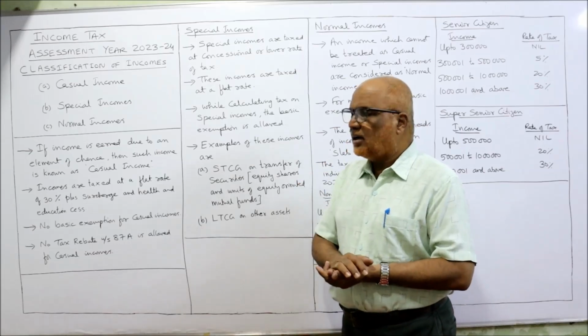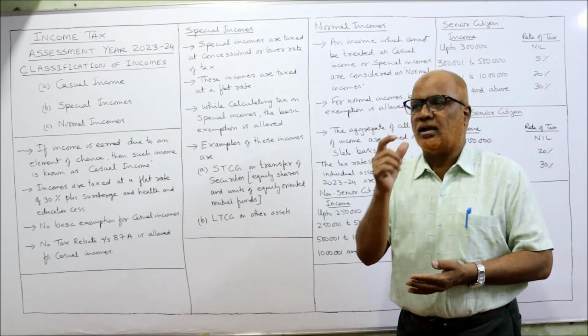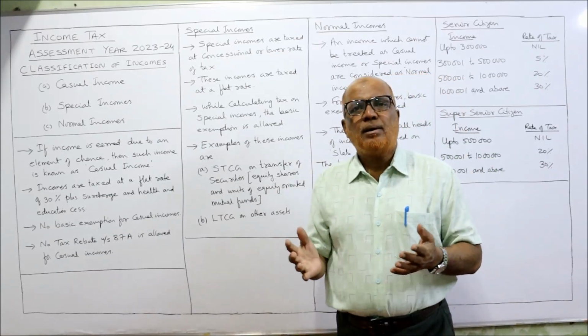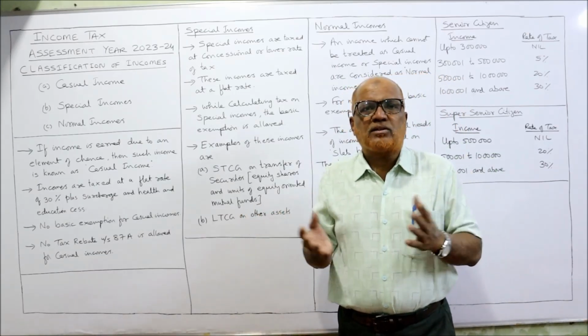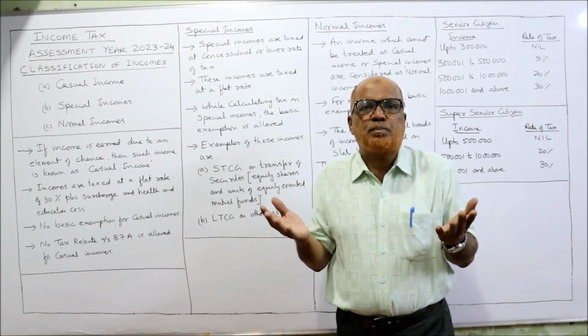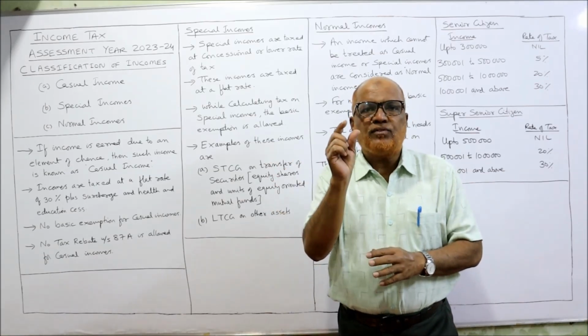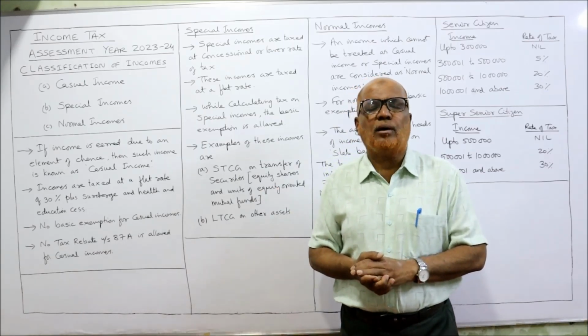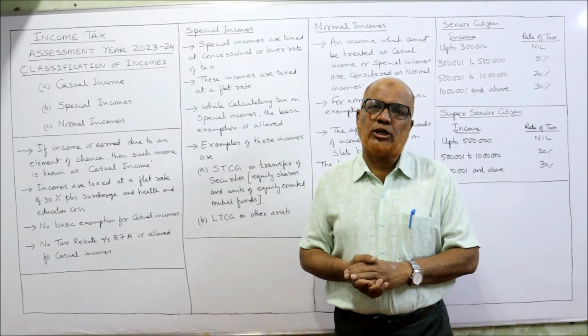If income is earned due to an element of chance, then such income is known as casual income. Any income which is unexpected, not a regular routine income. An element of chance is there. Luckily, the assessee got the income. It is called casual income.